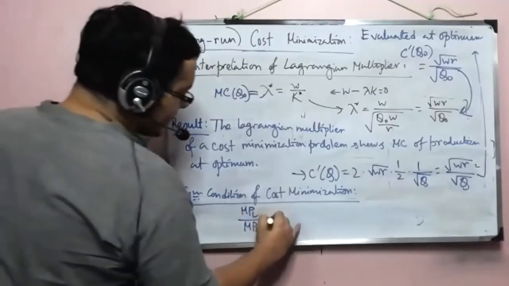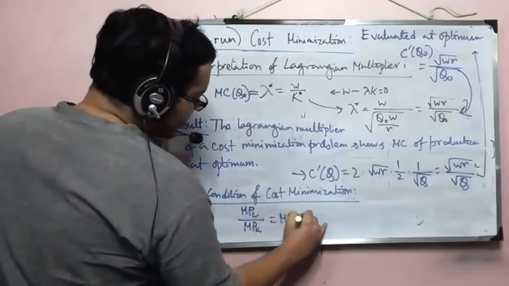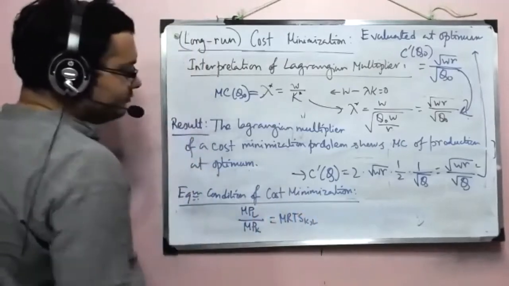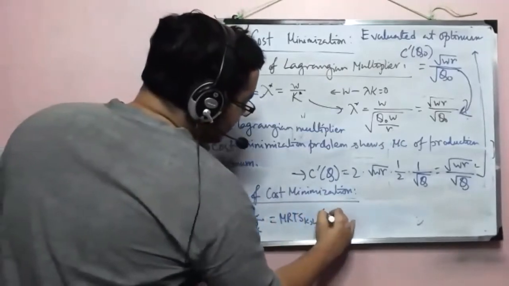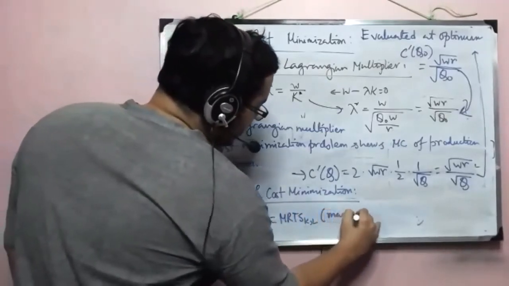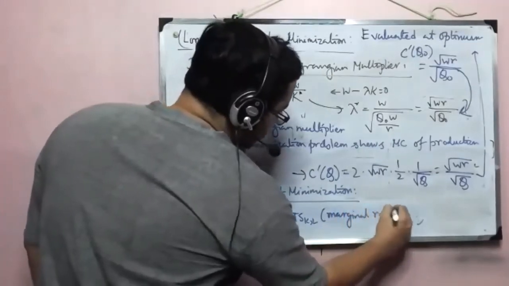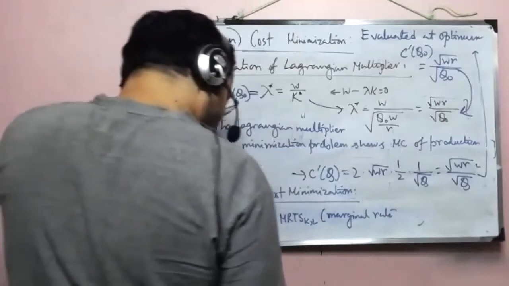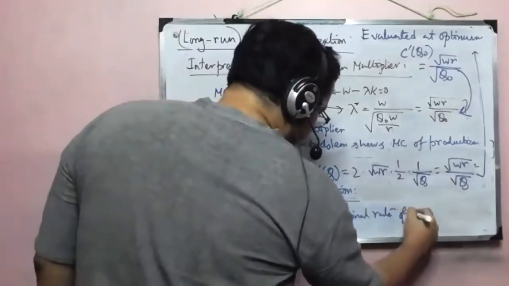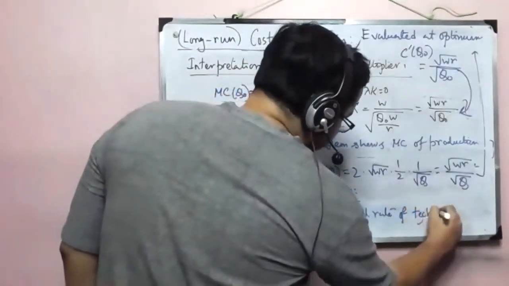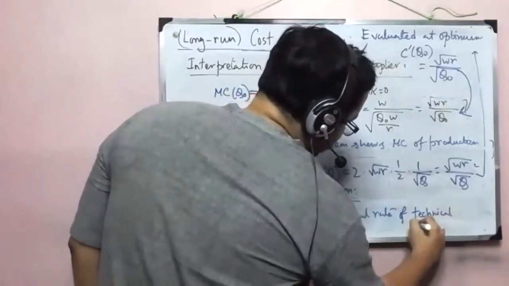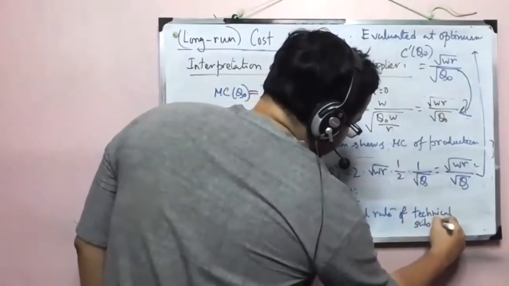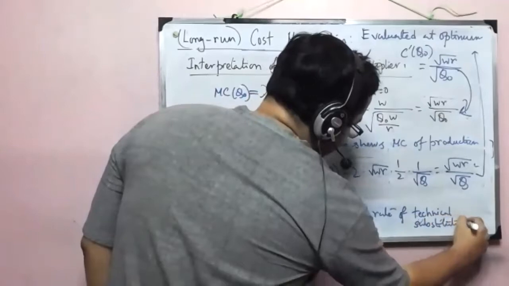And this will be MRTS K comma L, which is marginal rate of technical substitution. So basically it is marginal rate of substitution.